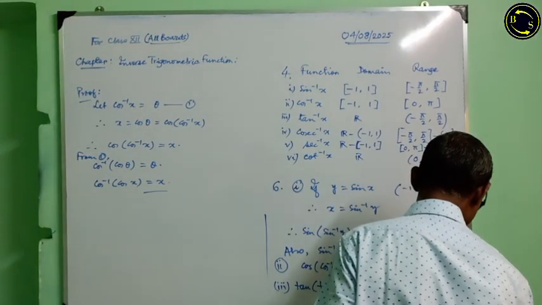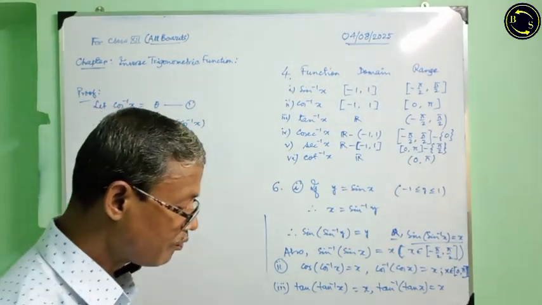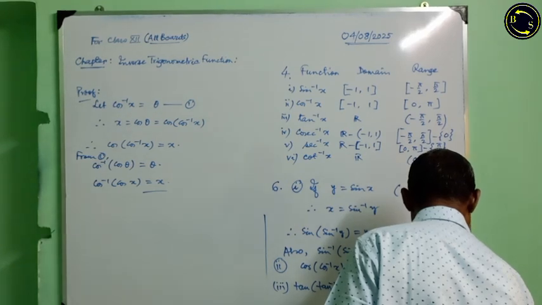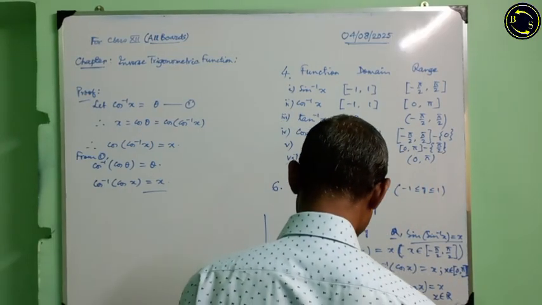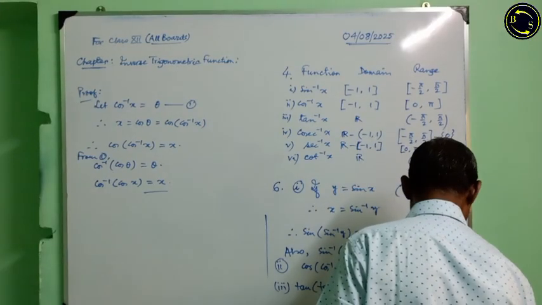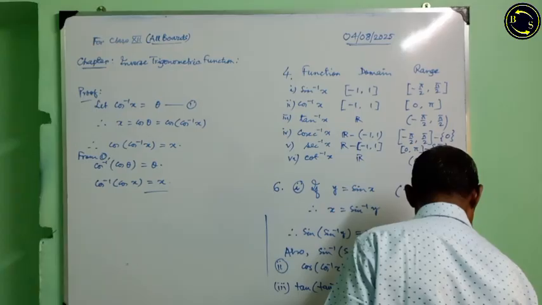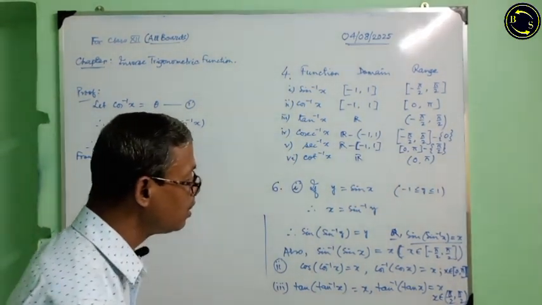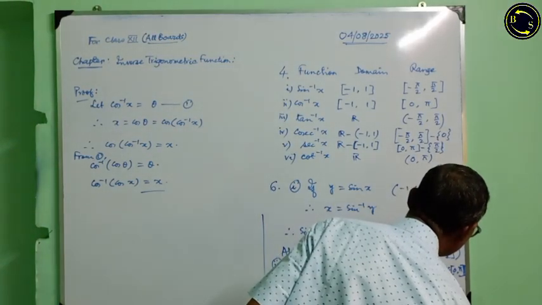And for tan inverse tan x, x will be the set of reals, and tan inverse tan x lies in minus pi by 2 to pi by 2.